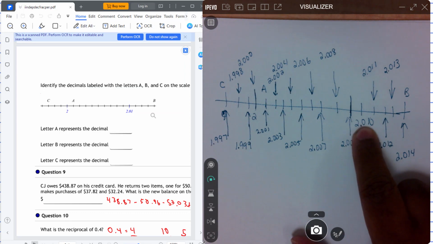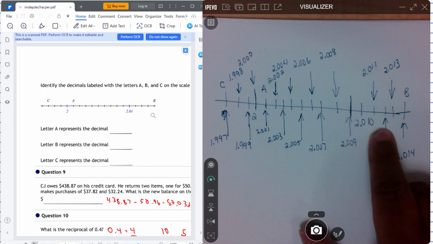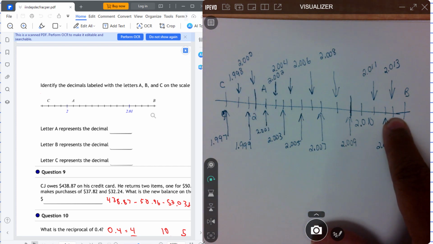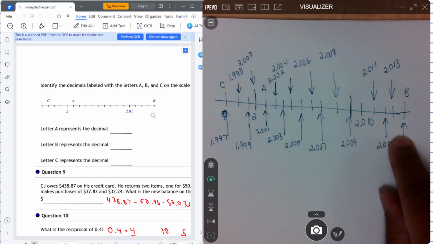Okay, and from this 10 here, if I count up 1, it will become 11. 2.011, 2.012, then one more will be 2.013. Then we have this last one here, B, at 2.014.